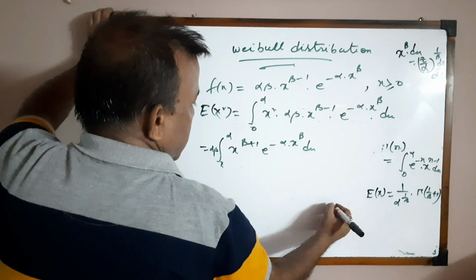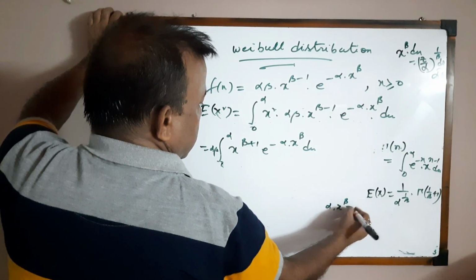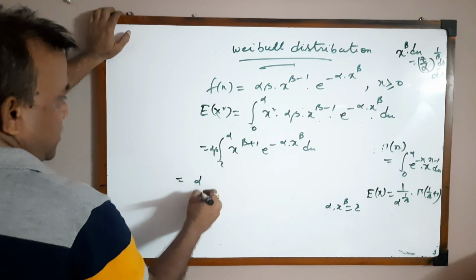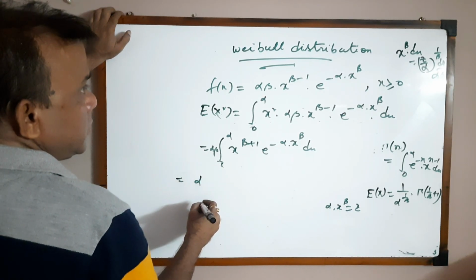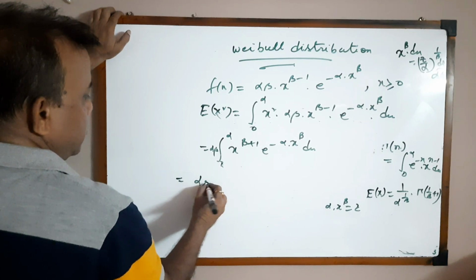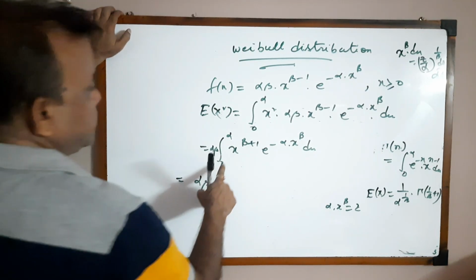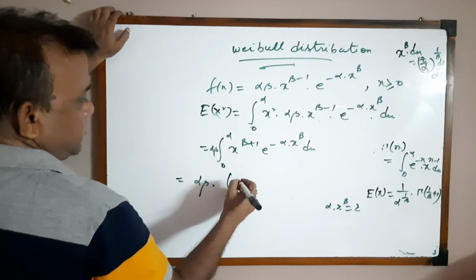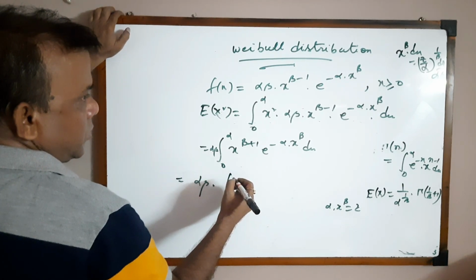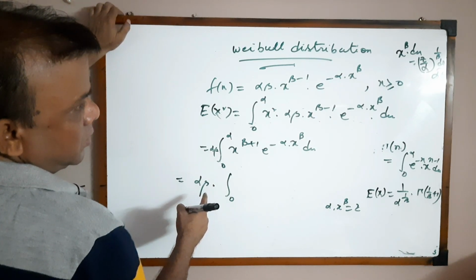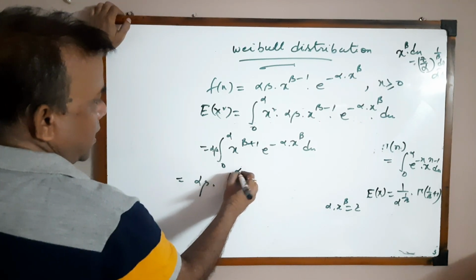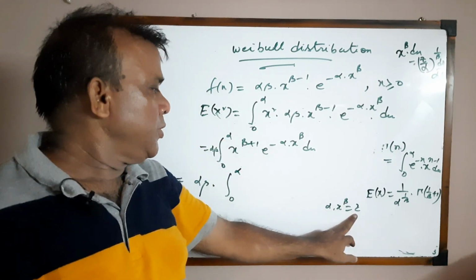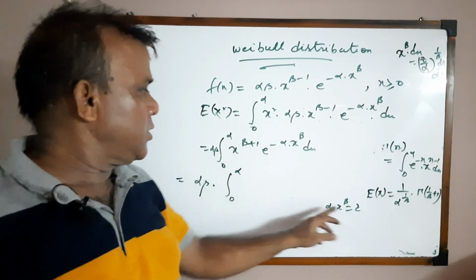Similarly, we have to put alpha into x to the power beta equals z, and it will be converted into alpha beta. The limits will remain unchanged, as when x tends to infinity, z tends to infinity also, and when x tends to 0, z tends to 0 also.